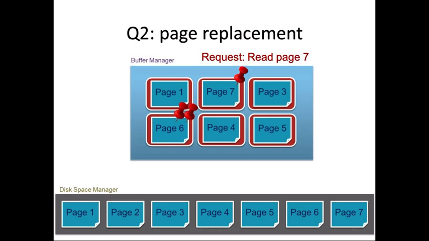We mark the fact that now this page is used by one operation, the one that requested page 7. And then we send a pointer to the requesting module, for instance the index manager, saying, well, your page is at address 123 or slot 123 in the buffer zone.